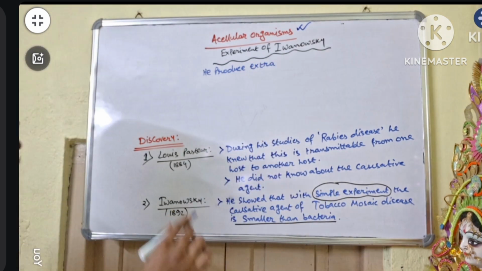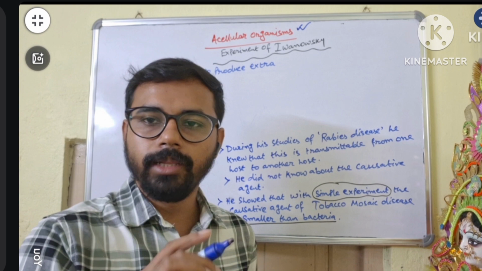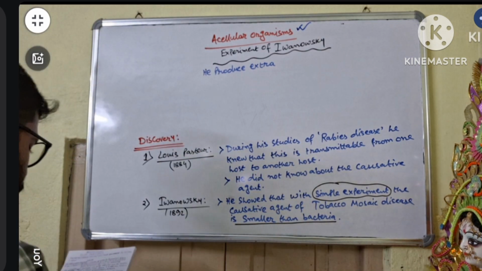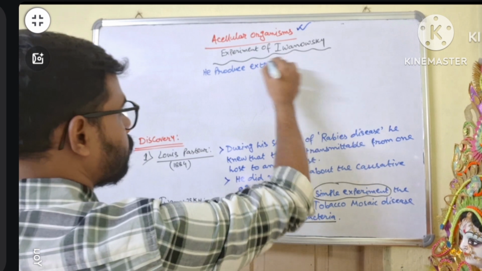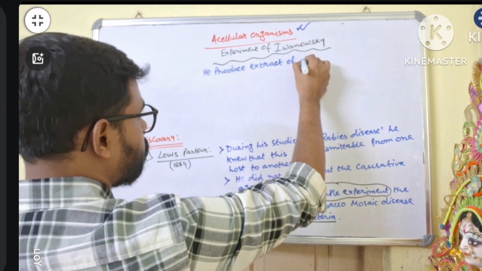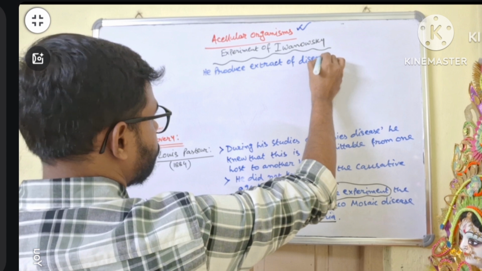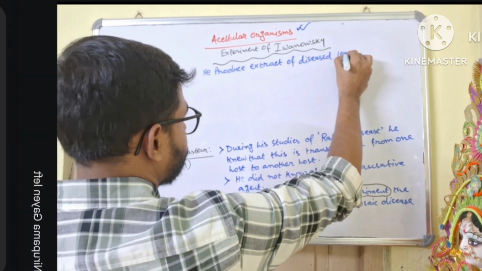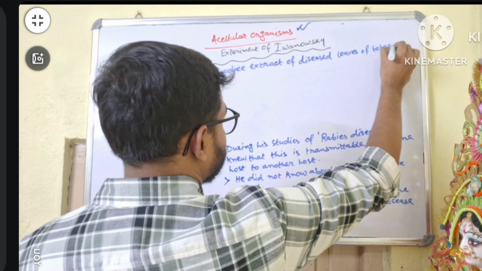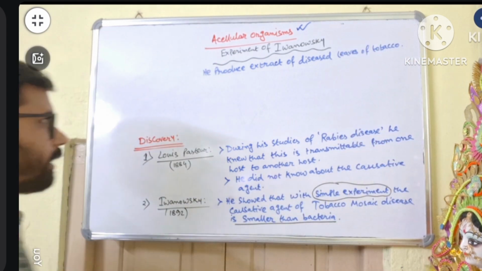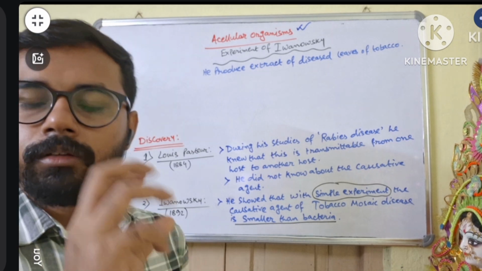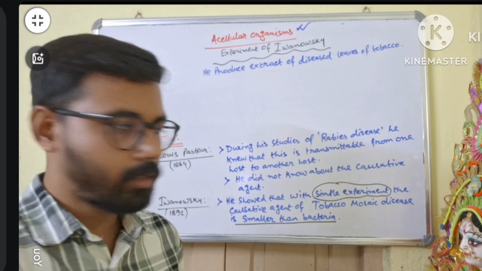Tobacco mosaic disease actually affects the tobacco leaves and mainly causes a mosaic pattern. He produced the extract of diseased leaves of tobacco. So clearly, he took some affected leaves and produced the extract. Clear?